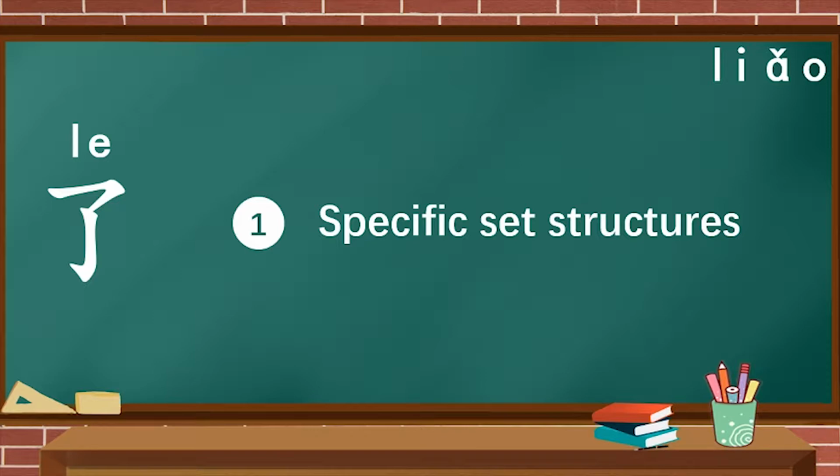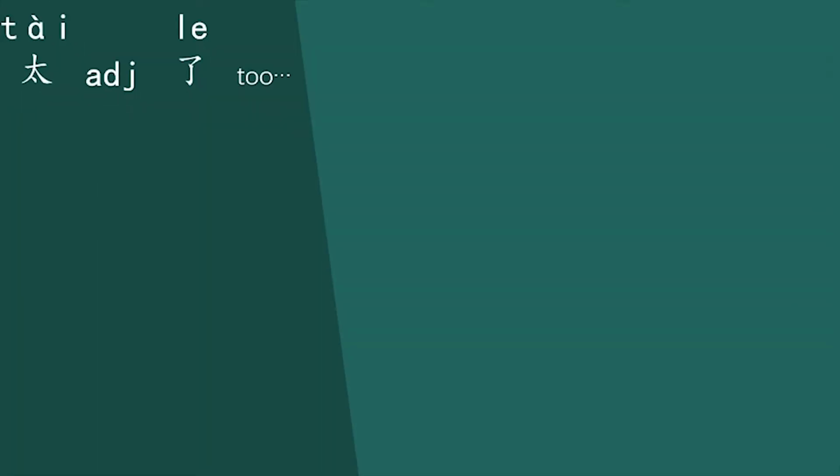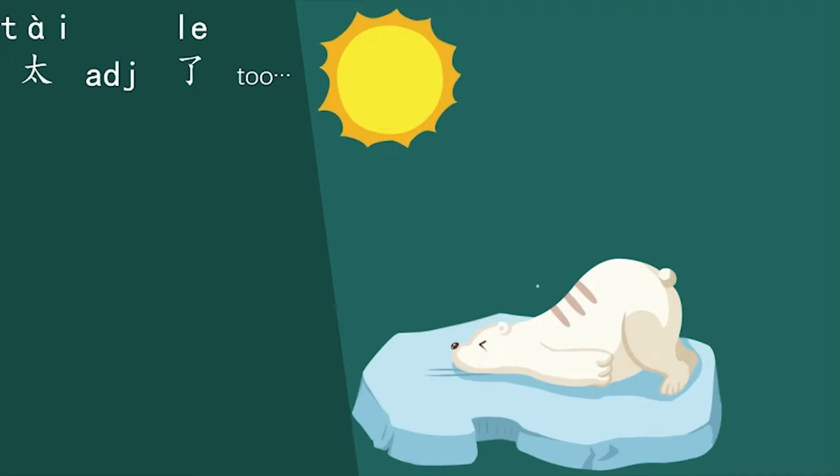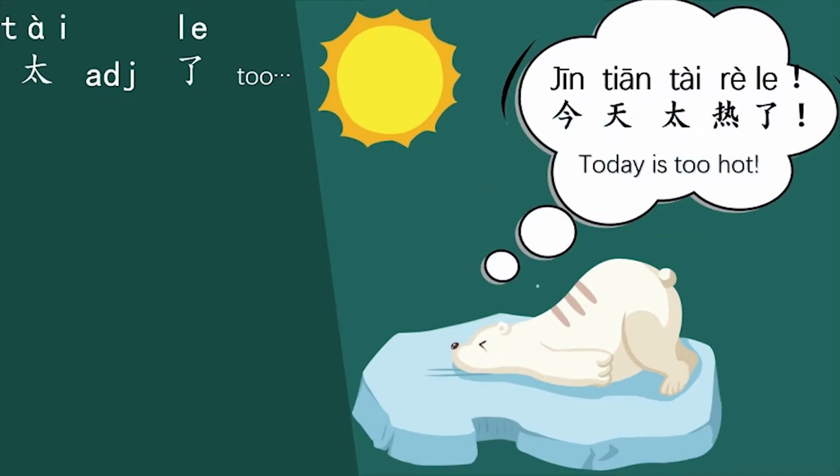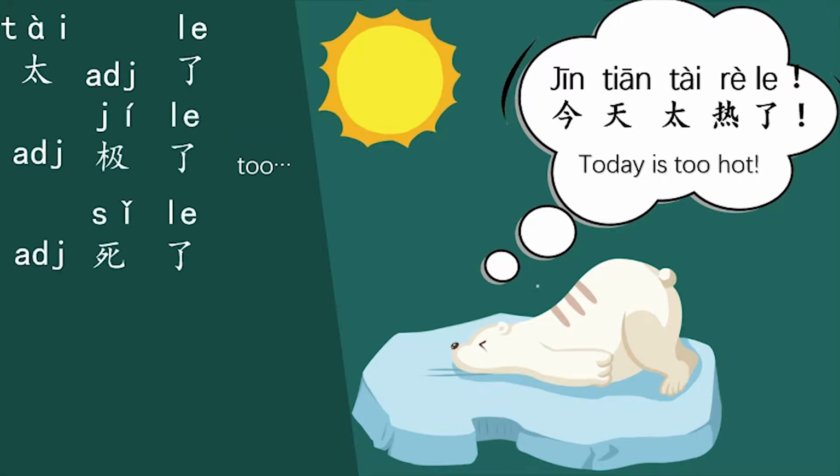There are tons of examples in this category, and I will give you the most common ones. 太 adjective 了. 今天太热了。adjective 极了, adjective 死了. They share the same meaning, but the degree deepens.